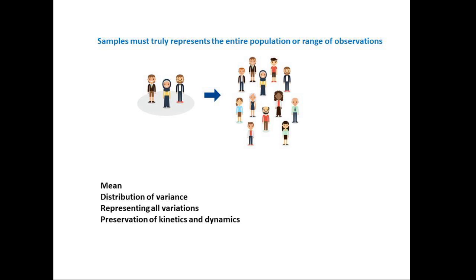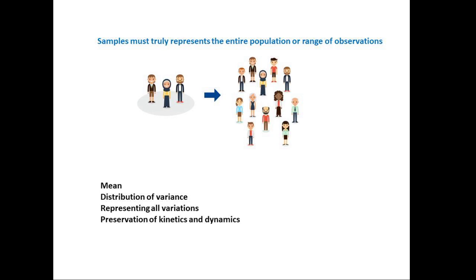Suppose you are doing a sampling for genetic variation and you did not collect some variations which are present in the population but not present in your samples, then your sample is basically not a true representation of the whole population. Understood? So you have to decide how to do the sampling so that the sample has all the variations, follows the same distribution, and preserves the kinetics and the dynamics of the population.